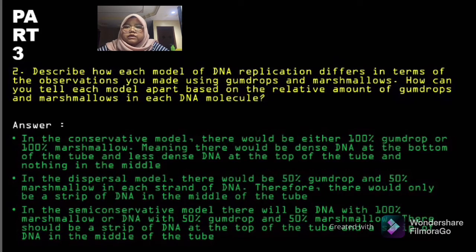There would only be a strip of DNA in the middle of the tube. In the semi-conservative model, there will be DNA with 100% marshmallow or DNA with 50% gumdrop and 50% marshmallow. And there should be a strip of DNA at the top of the tube and a strip of DNA in the middle of the tube.